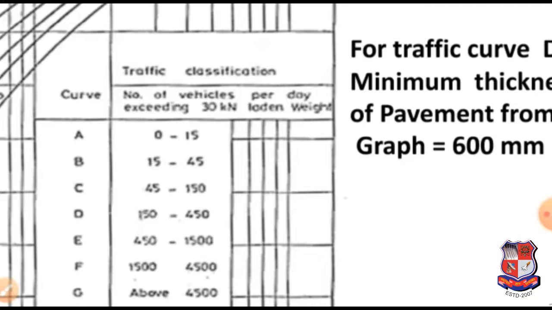Curve B is used for 15 to 45 vehicles per day exceeding 3 ton load and weight.